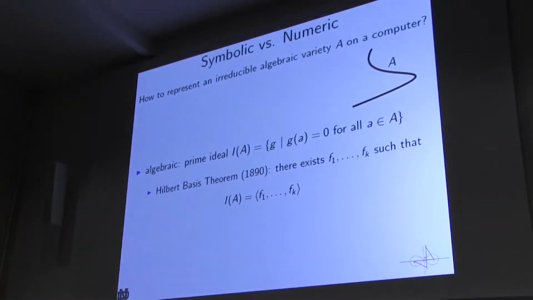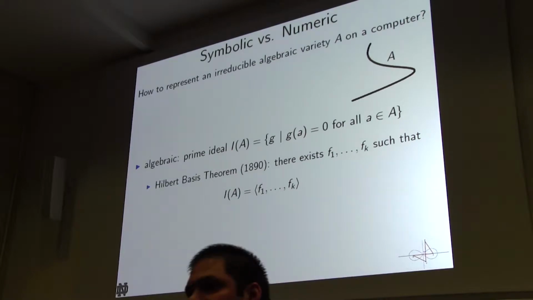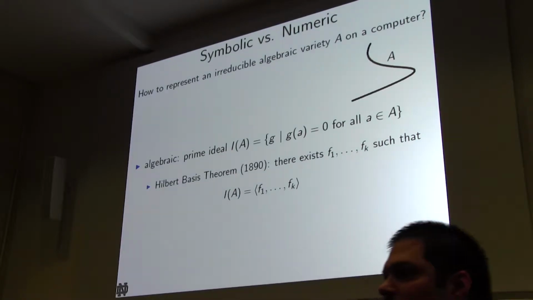Okay, so algebraically, we have this prime ideal. We look at the set of all polynomials that vanish at every point. Hilbert's basis theorem says there exists a finite set of polynomials that vanish there. And we can turn this finite set of polynomials into something our computer can understand. It's a finite list of data that our computer can understand.